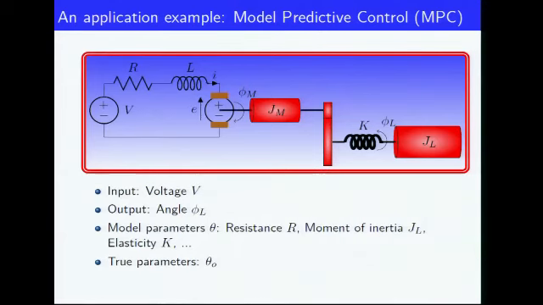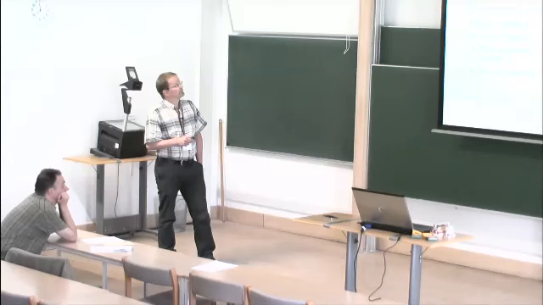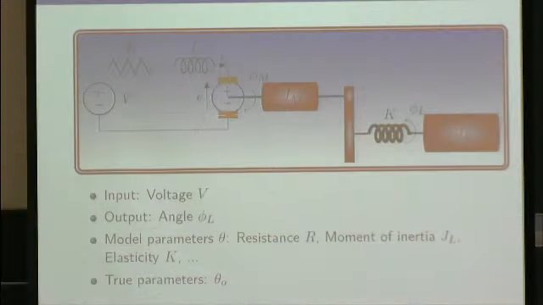So I will start with an example, and being from the control community, I use a control example. We will look at model predictive control. If you don't know what that is, it doesn't matter. It's just a control algorithm. And here we have an electrical motor with an electrical part, resistance, inductance, which generates some torque.